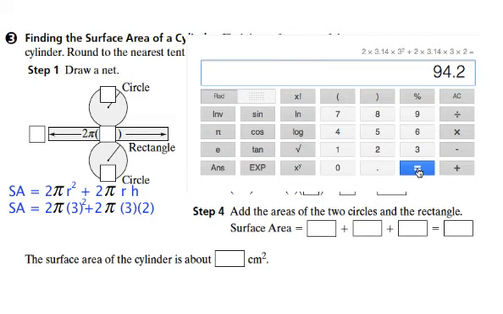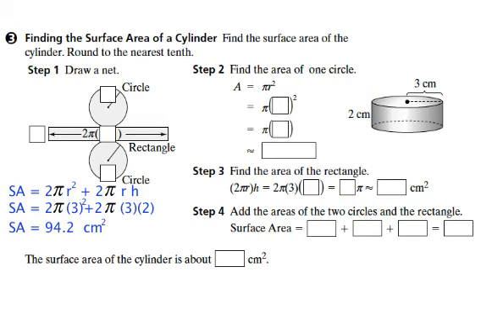And we get 94.2. Because this is surface area, our label is going to be squared. So our final answer is 94.2 centimeters squared.